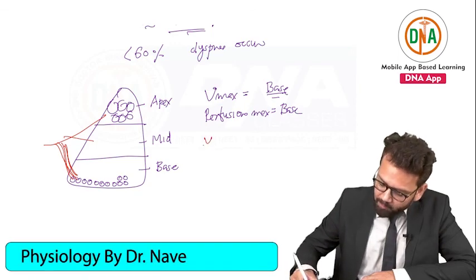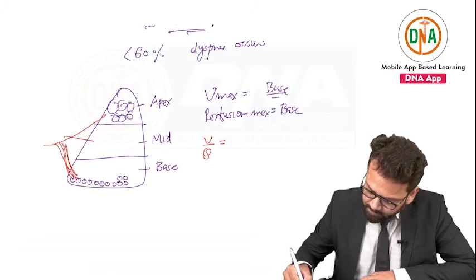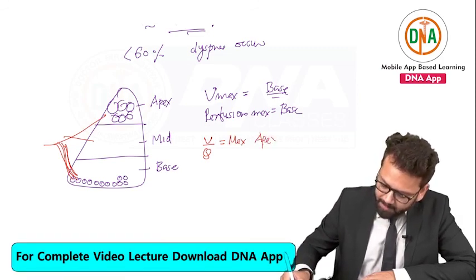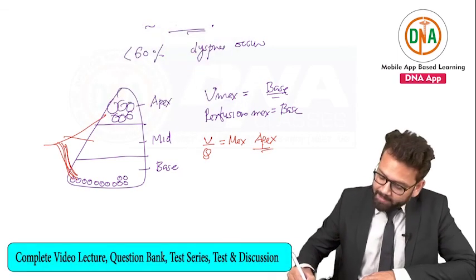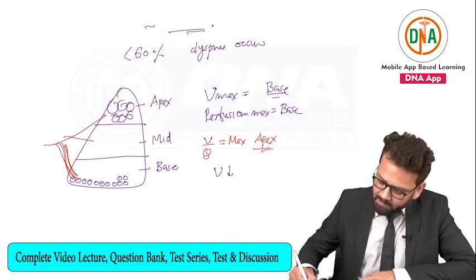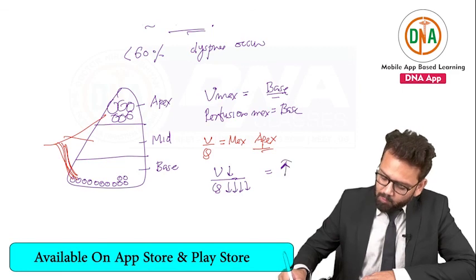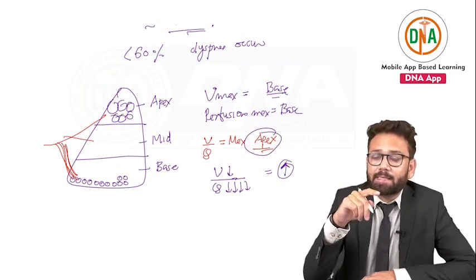But what about V by Q ratio? Is it maximum at the base or apex? It is maximum at the apex. Can you tell me the reason? Ventilation is less at the apex, but perfusion is very much less at the apex. So the ratio is more at the apex. So ventilation is maximum at base.